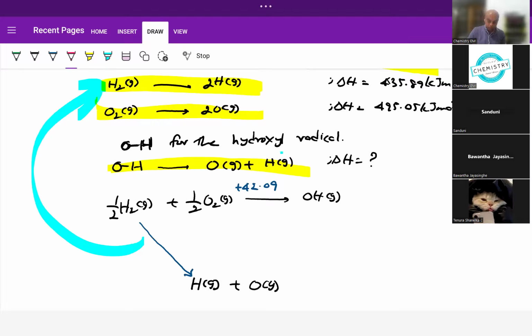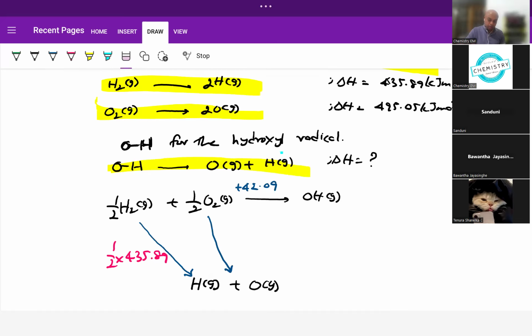Therefore, this will be half into 435.89. Then I will go to this one. This is also exactly half of the second equation. And therefore, this will be half into 495.05.